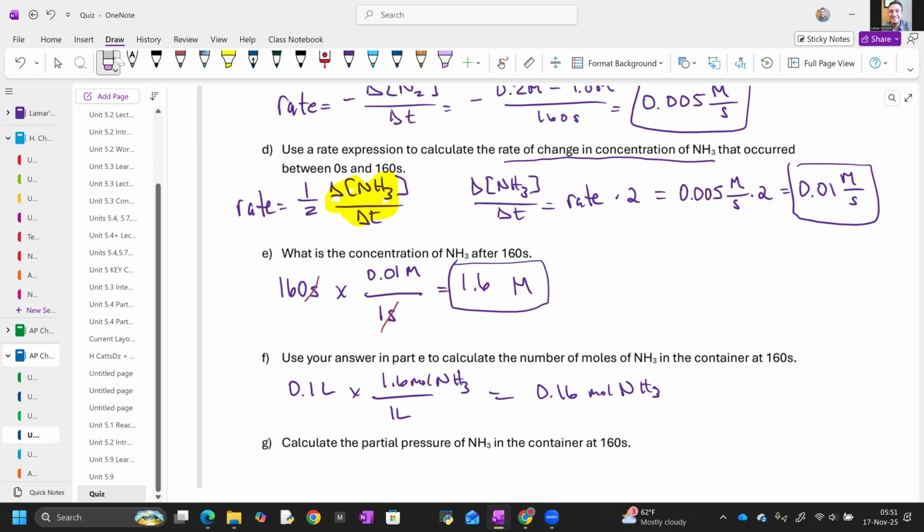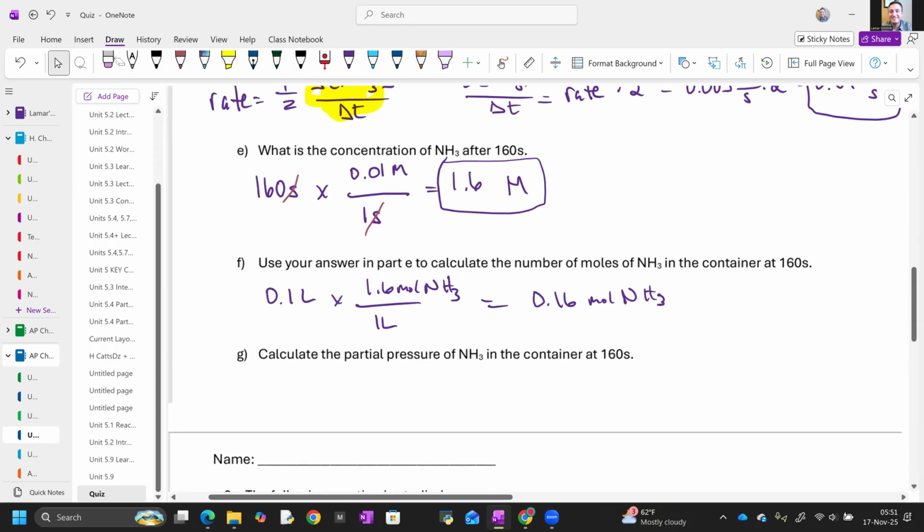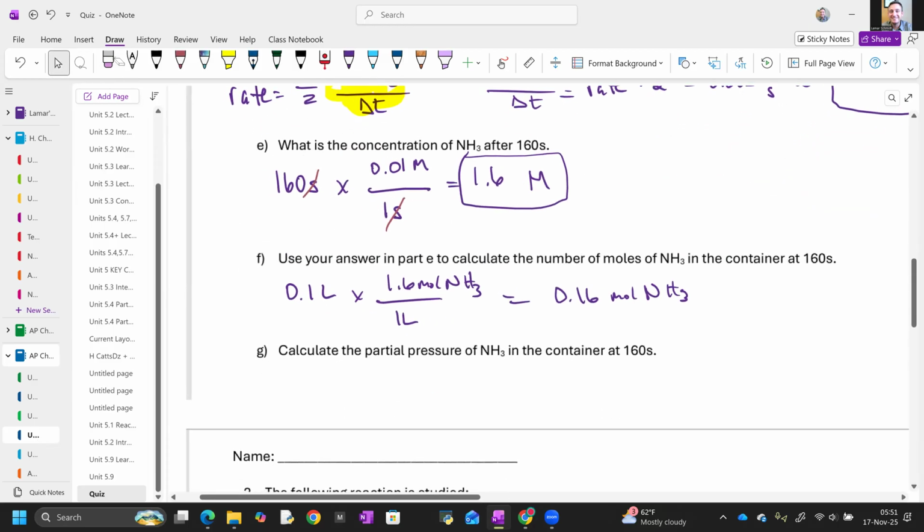Okay, so we go to the next part, and it says to calculate the partial pressure of NH3 in the container at 160 seconds. So we know partial pressure of NH3 is going to be equal to, so again, we're using our gas law here, PV equals nRT. That's where we're getting this from.